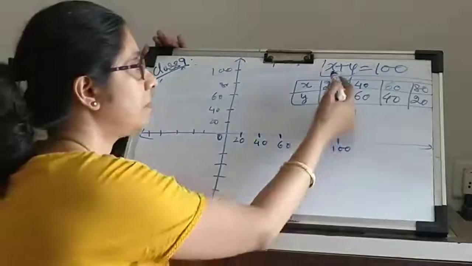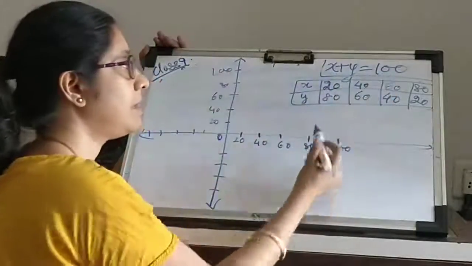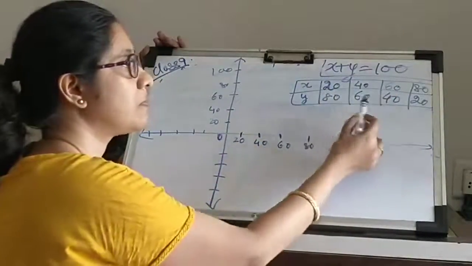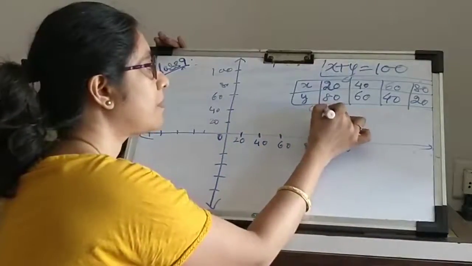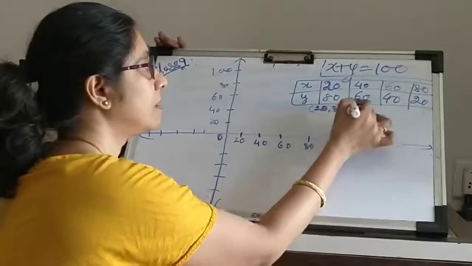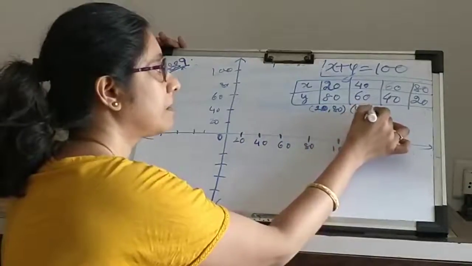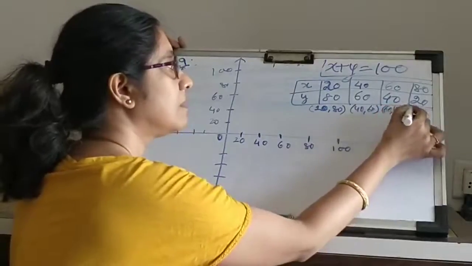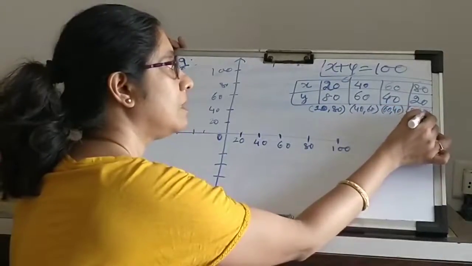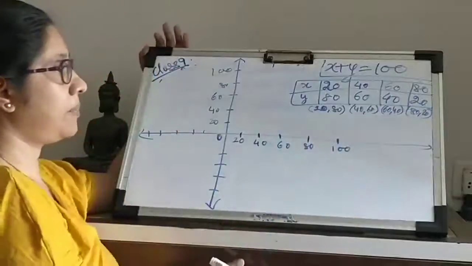So for x plus y equal 100, we got 4 possible solutions. All we need to do is plot these points on the graph. These are the xy coordinates that I have got, which need to be plotted on the xy plane.